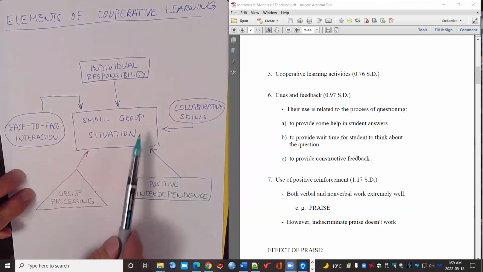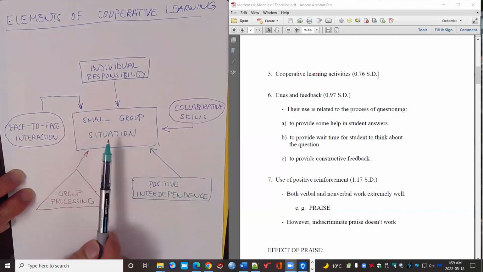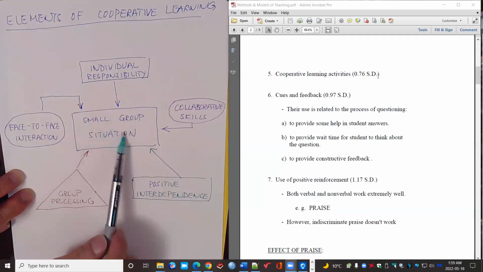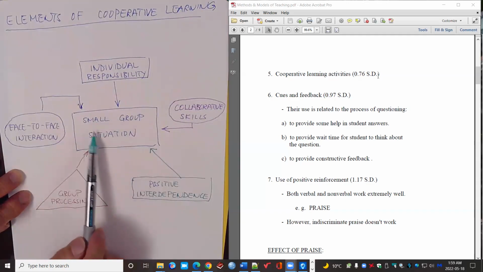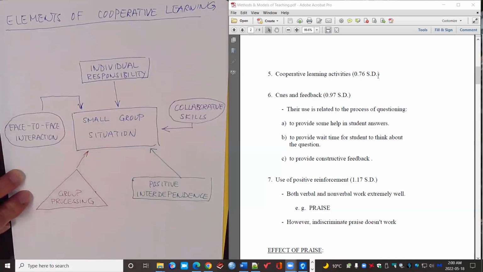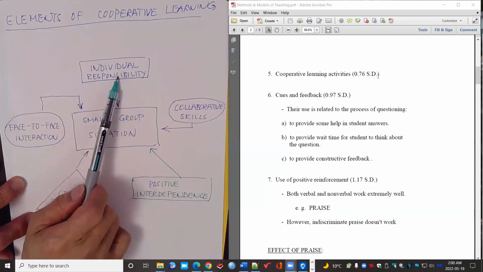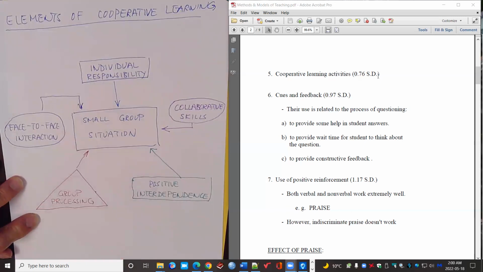So let's say here you have us in a small group situation, 3 or 4 students participating. So then, in order to make it successful, you have individual responsibility.